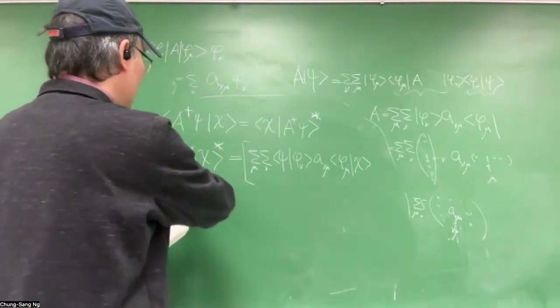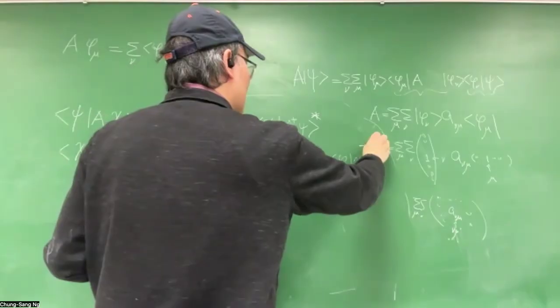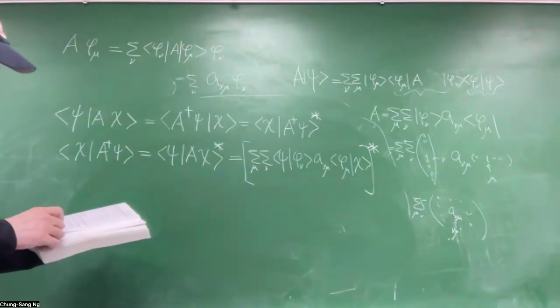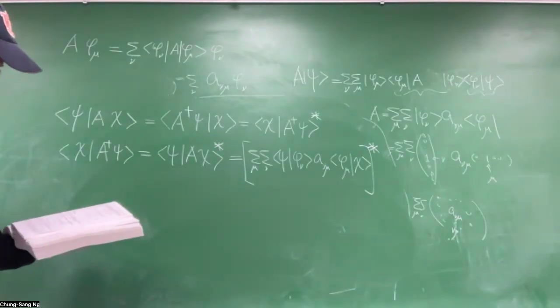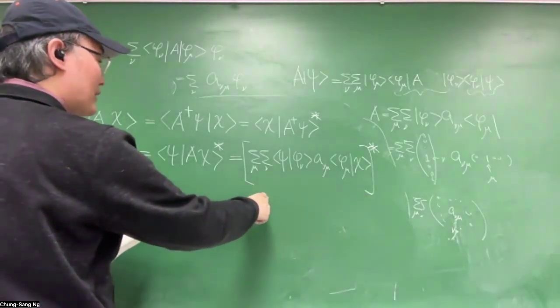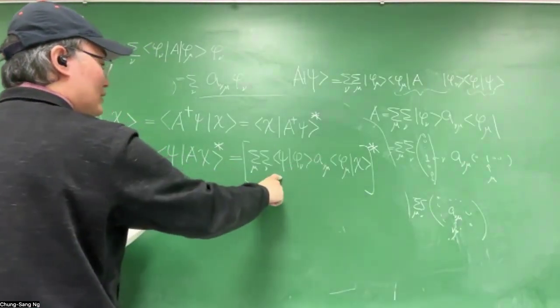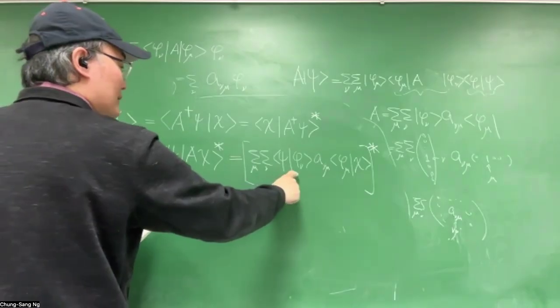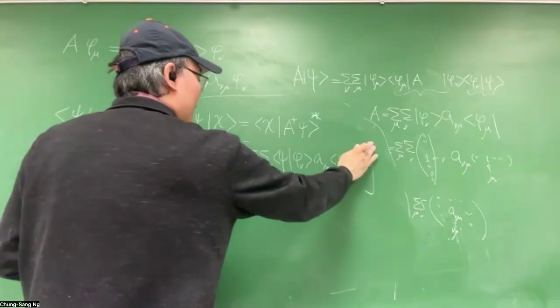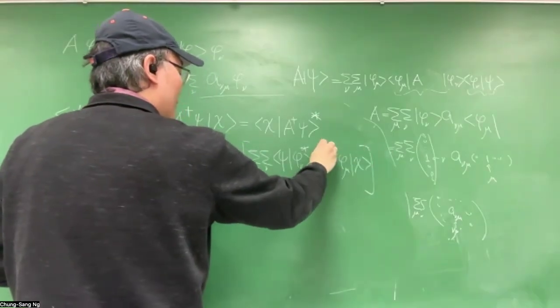So that is this one, and then the complex conjugate. The rest is you can just take the complex conjugate of each individual factor. Instead of writing another step, just take everything complex conjugate.